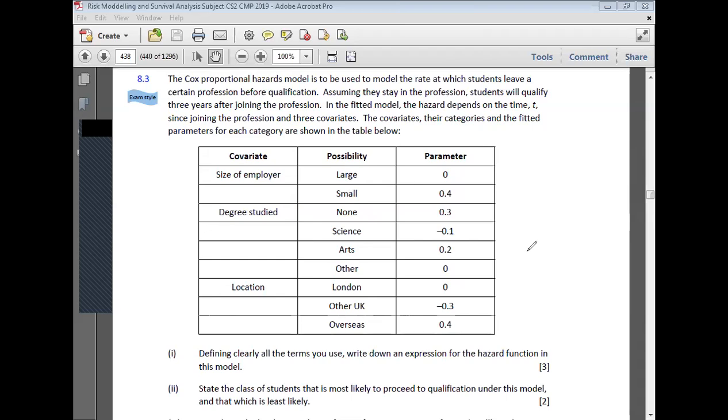How many covariates do you think we are going to have here? It will be one less than that category. Right. So it will be one less than the categories. And so what do you think we are going to have here?